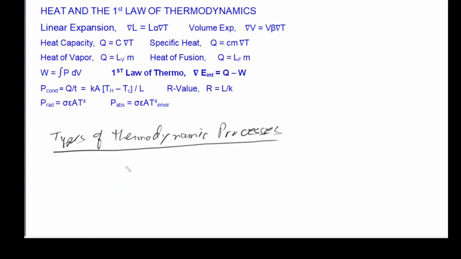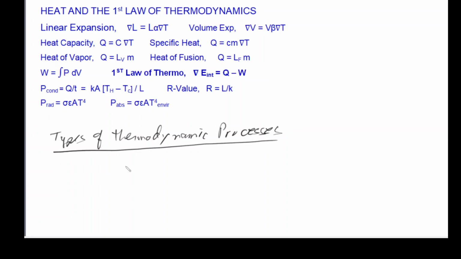Now let's discuss types of thermodynamic processes. So we use thermodynamics for a number of different reasons. It's used to develop power in your car engine or in a steam engine. We use it in a kiln or oven to heat things up.